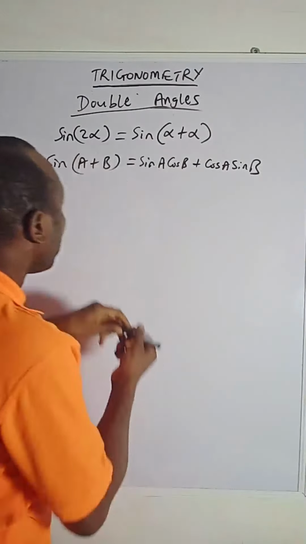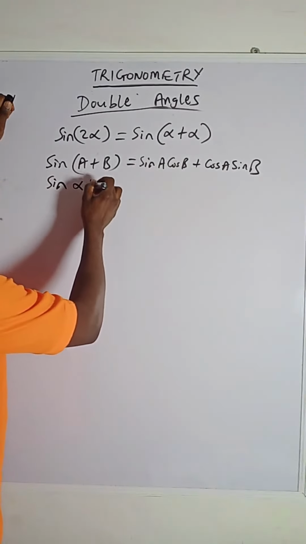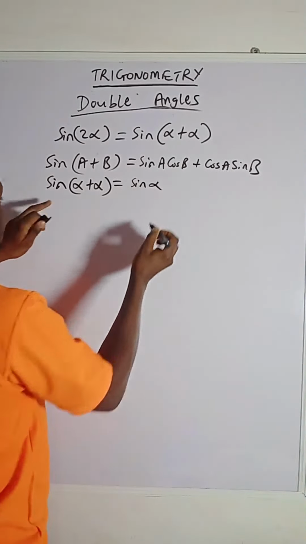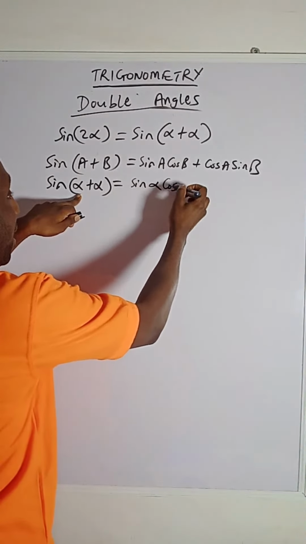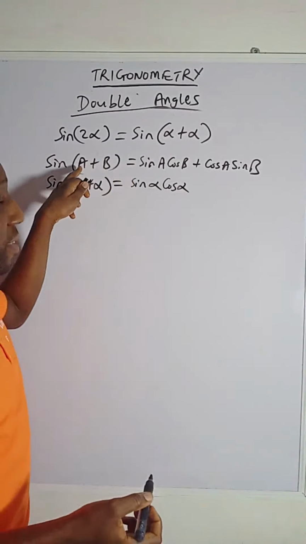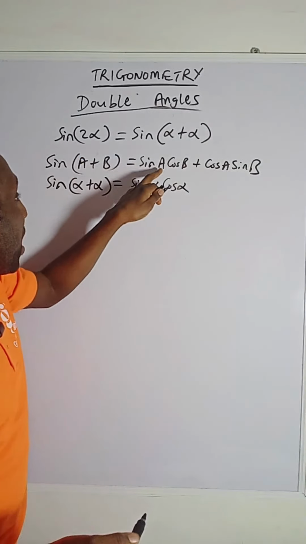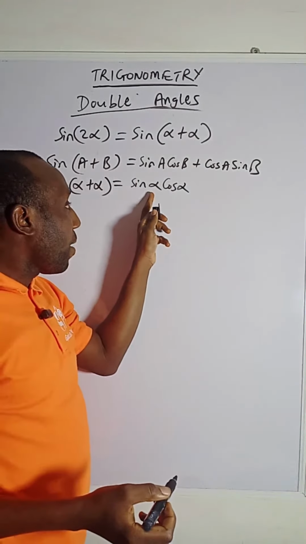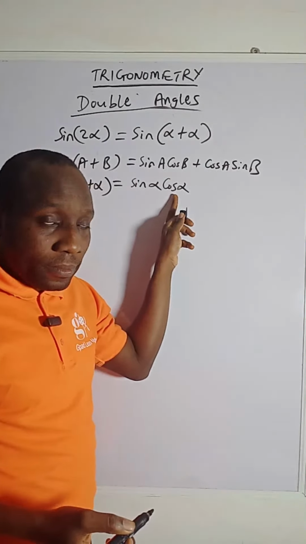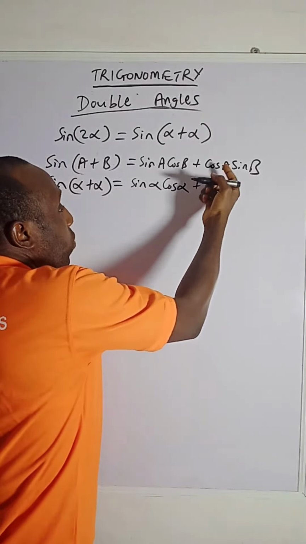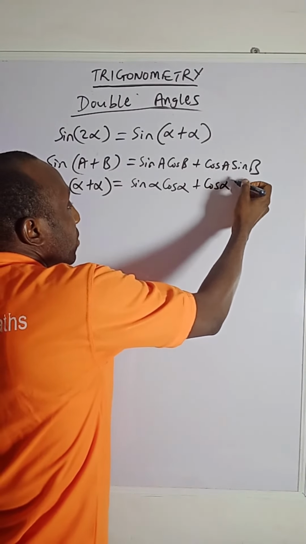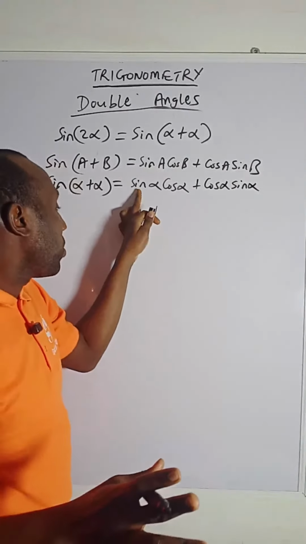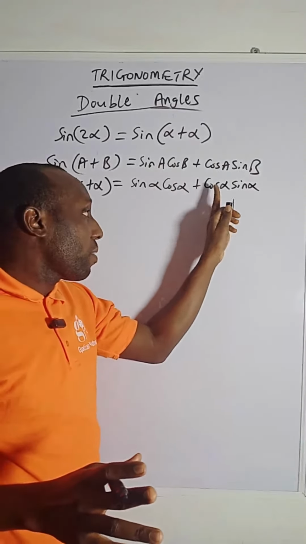Sine alpha plus alpha will be equal to sine alpha cos alpha, because the angles here are A and B, we have sine A cos B, but because it is alpha and alpha, we have sine alpha cos alpha. Plus, here it's the same thing, cos alpha sine alpha. Hope this makes sense. Sine alpha cos alpha plus cos alpha sine alpha.